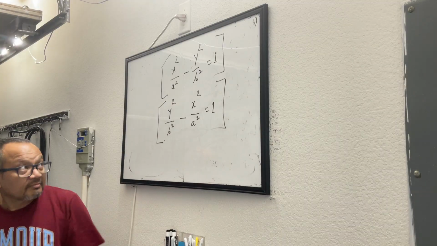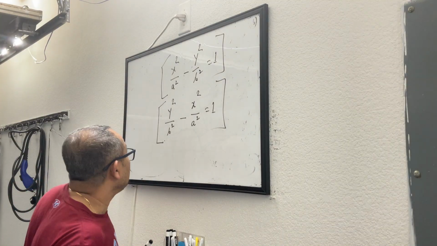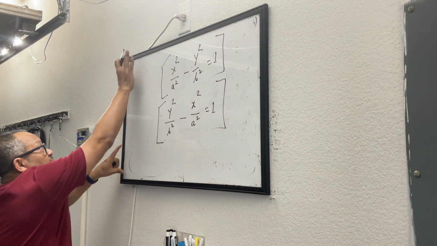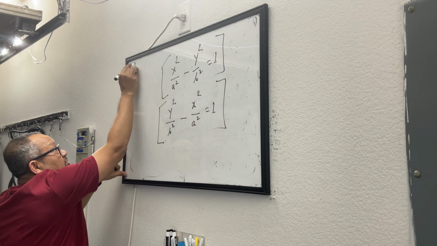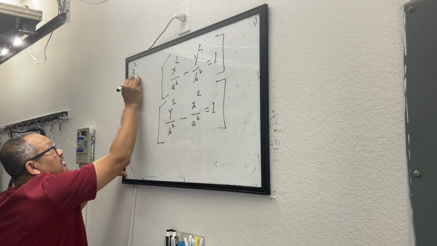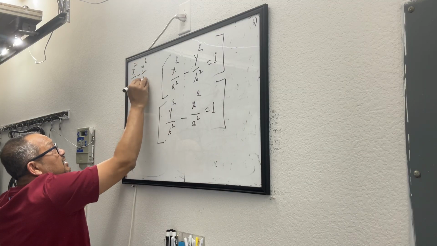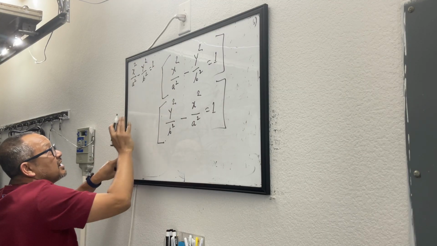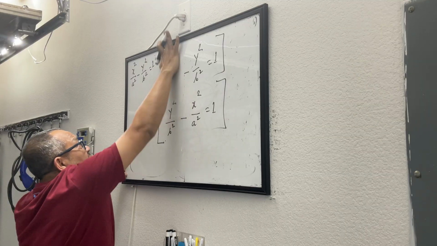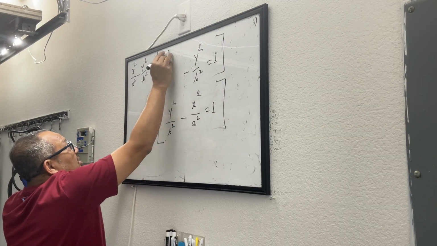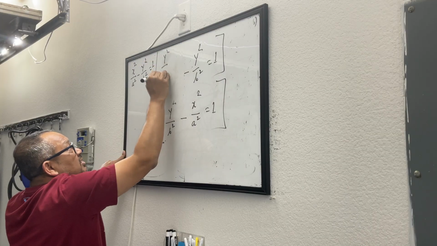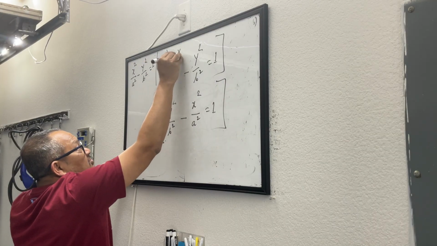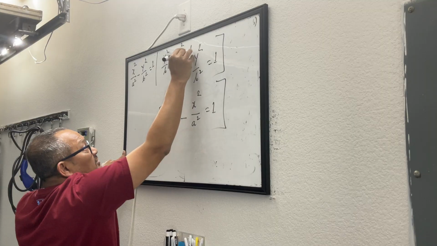So, let me do one thing. Let me use a very small font to create some real estate on my board. x squared by a squared minus y squared by b squared equal to 1. And my second one is y squared by b squared minus x squared by a squared equal to 1.